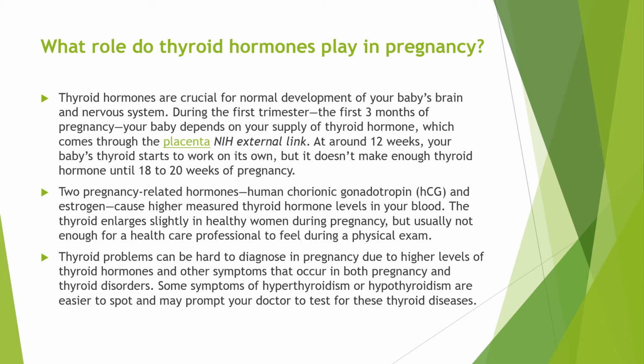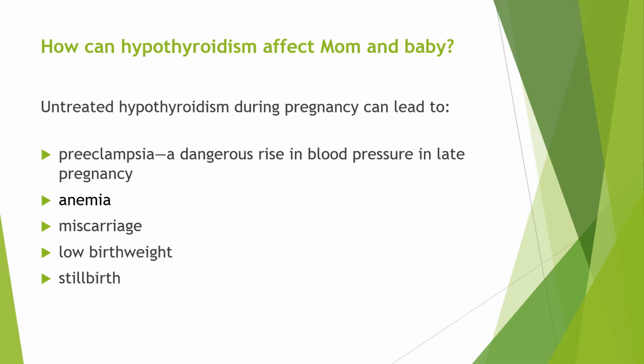Thyroid problems are difficult to diagnose during pregnancy due to the high levels of thyroid hormone and other symptoms that may occur both in pregnancy and in thyroid disorders. Some symptoms of hyperthyroidism or hypothyroidism are easier to spot and may prompt the doctor to test for these thyroid diseases.